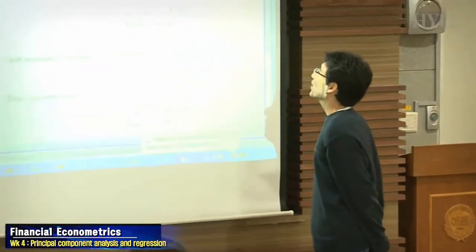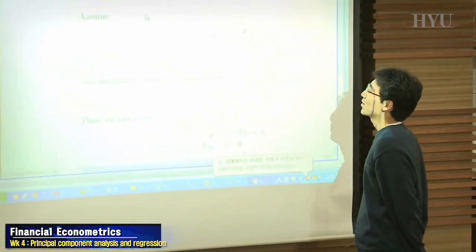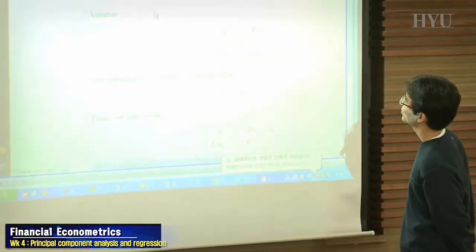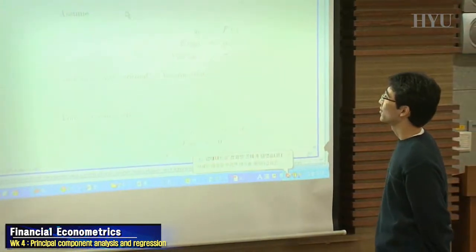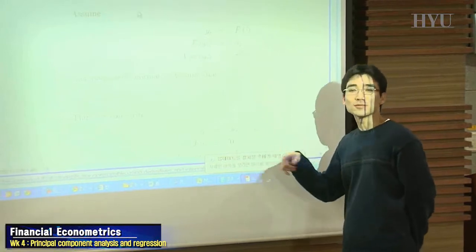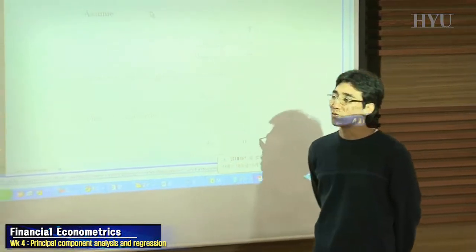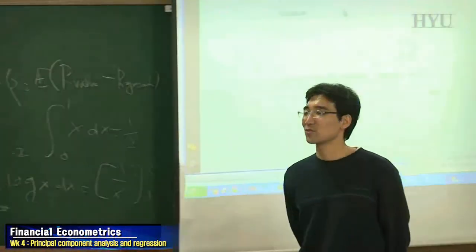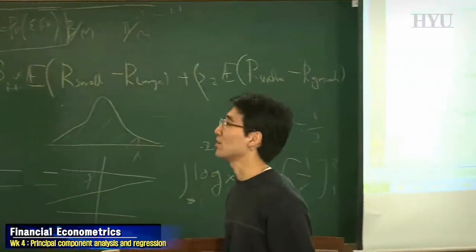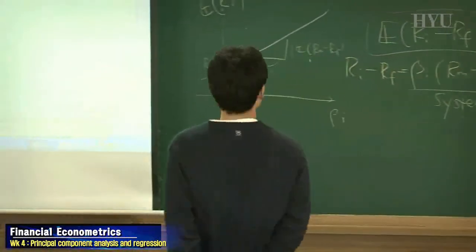And suppose the expected value of y is mu, and the variance of y is sigma_y. It is not necessarily normal. In this case, I don't say F is the standard normal cumulative distribution function. It can be any function, but at least it should have a mean and variance.